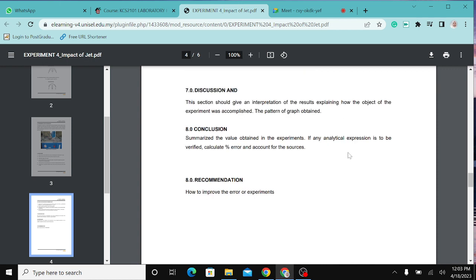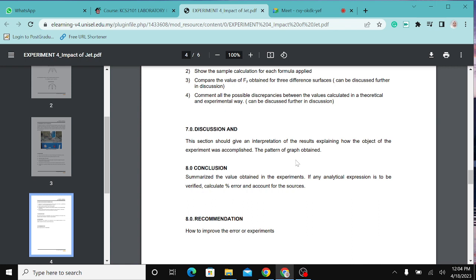Okay, and then provide some interpretations regarding how the object of the experiment was accomplished, and then provide some summary or conclusions. In terms of discrepancy, you have to show what is the percentage of relative error that comes from the experiments, either from your experiments or from your theoretical results.